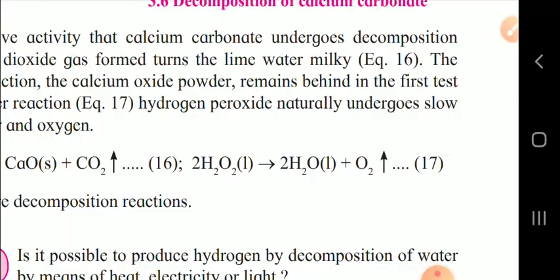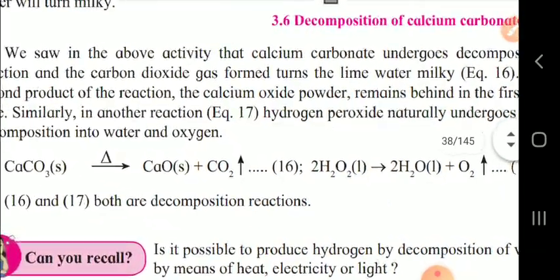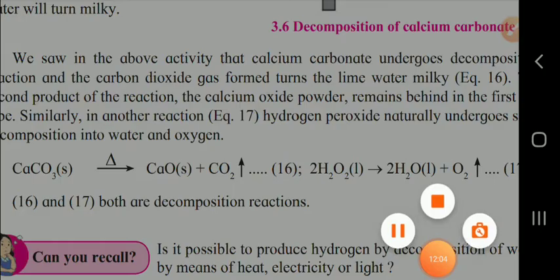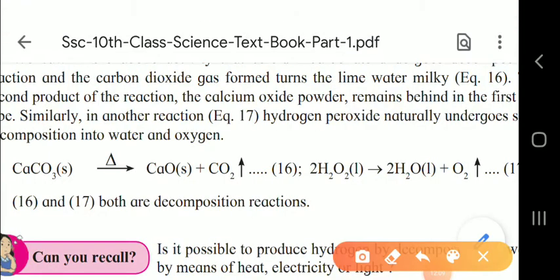These two are the reactions. We'll see here. This is calcium carbonate, in the solid state. Why is there a small triangle on the arrow?